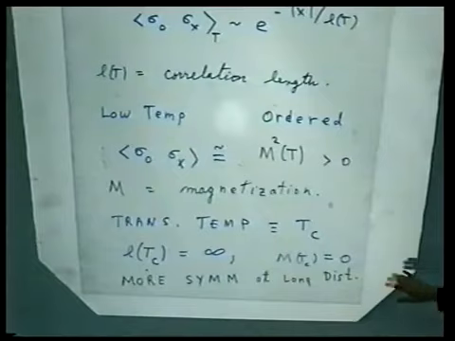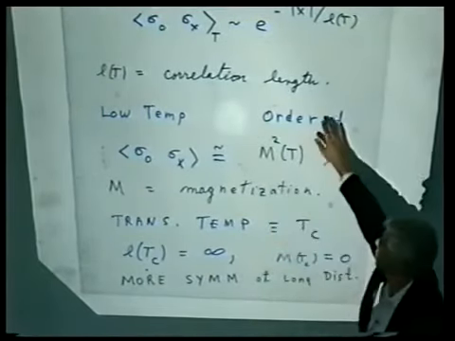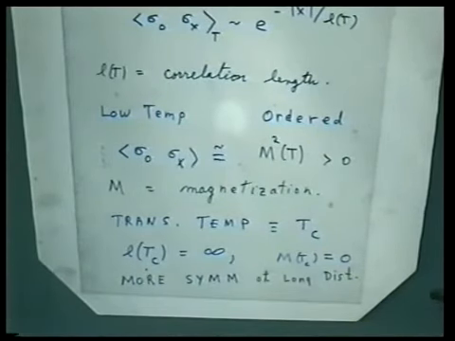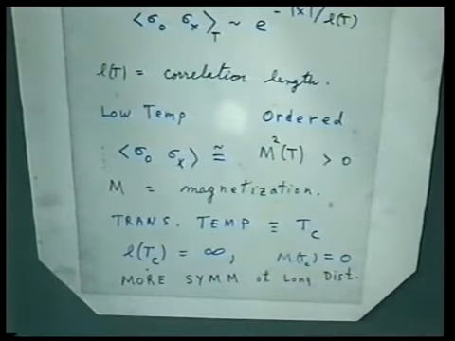The magnetization should vanish, and the correlation length should be infinite. So the spins don't completely order, but they don't decay exponentially either. And it's at this special temperature, if you're thinking of a physical system, as a liquid-gas transition, liquid being the ordered, the gas being the disordered.